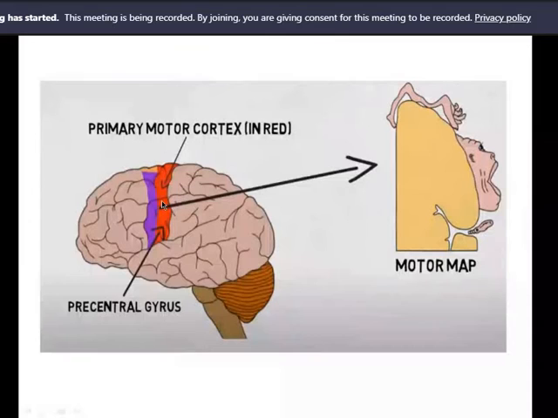Yes, sir. So the motor system is made up of motor cortex. The whole thing is motor cortex, motor tracts, and the effector organs. Effector organs means either the muscles or the glands.